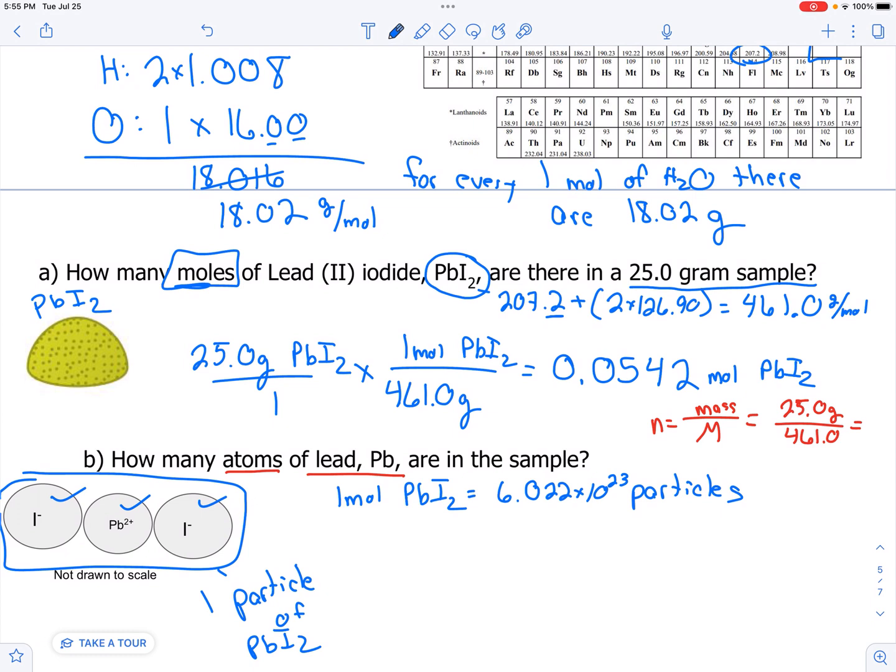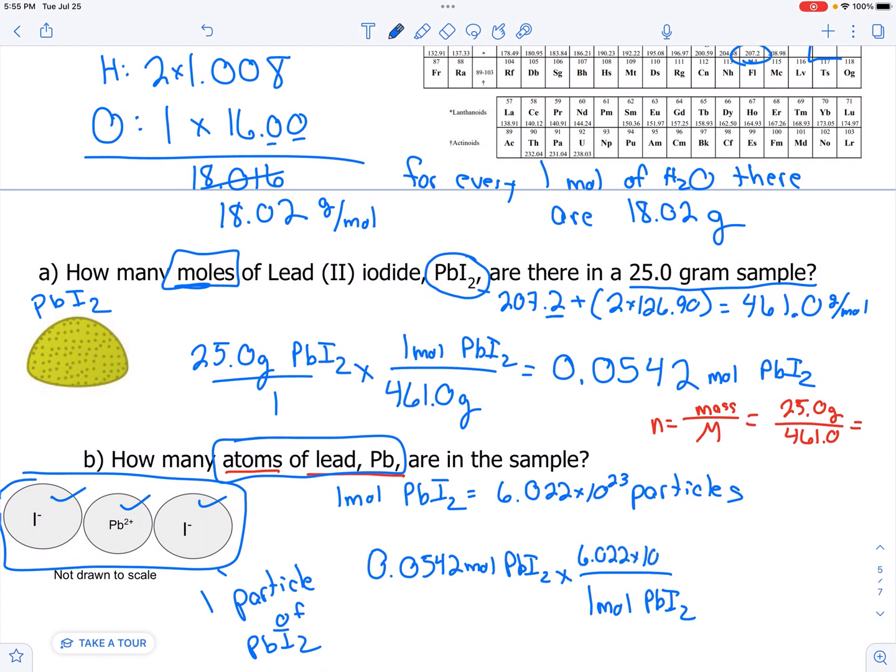This is asking for atoms of lead. So I'm going to need to go from my number of moles, 0.0542 moles of PbI2, and get that into how many particles that actually is. So 1 mole of anything, in this case PbI2, is equal to 6.02 times 10 to the 23rd particles of PbI2. Then I want atoms of lead.